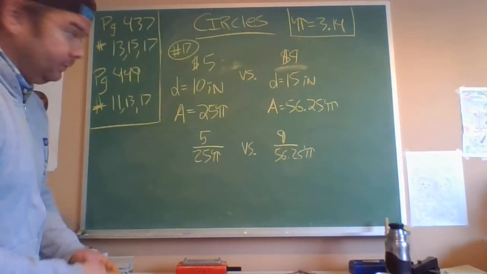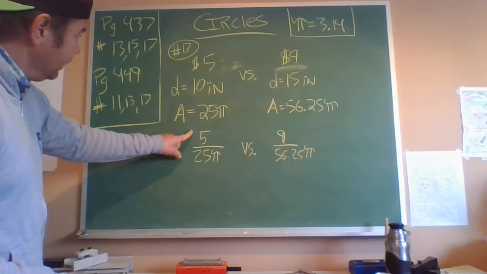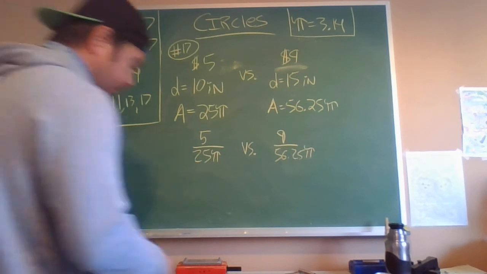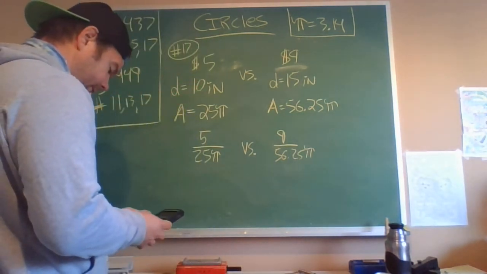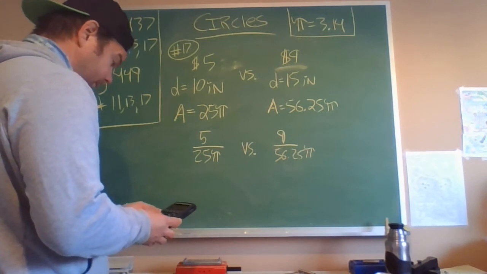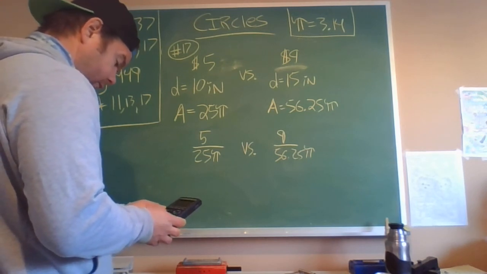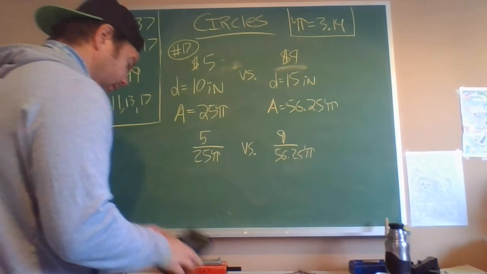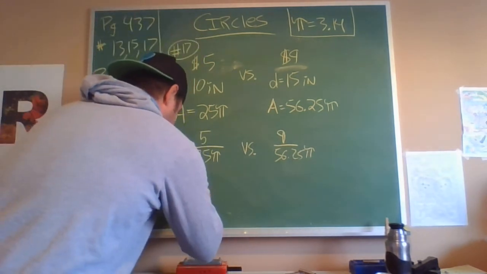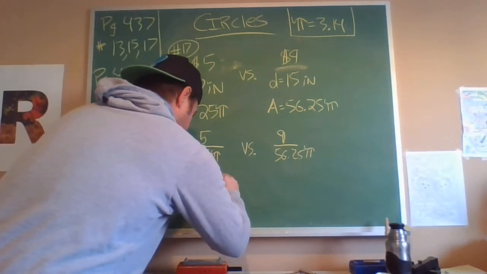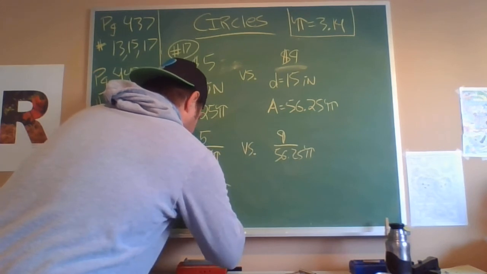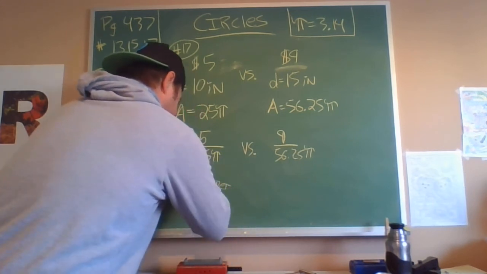So I'm just comparing these numbers. If I divide these two, 5 divided by 25 times 3.14, that's 0.06, which is 6 cents per square inch.